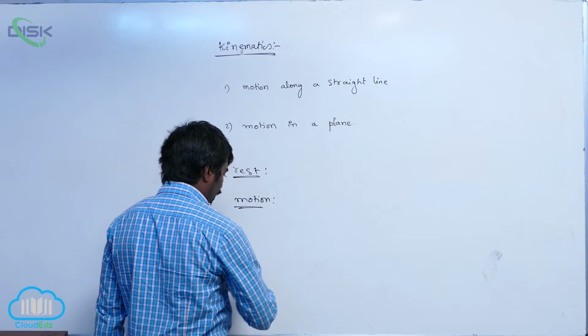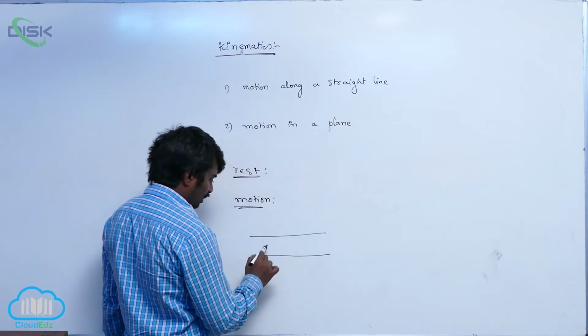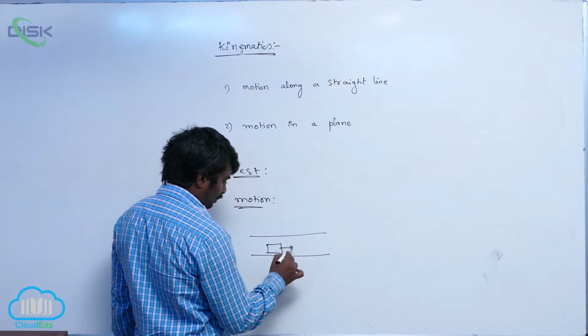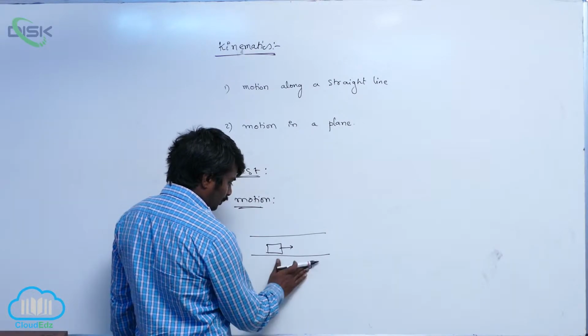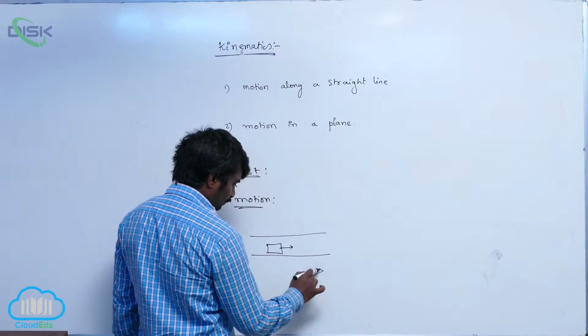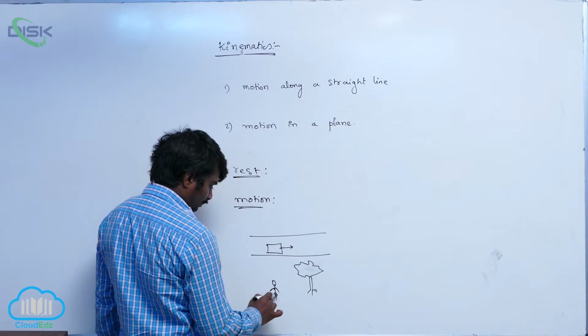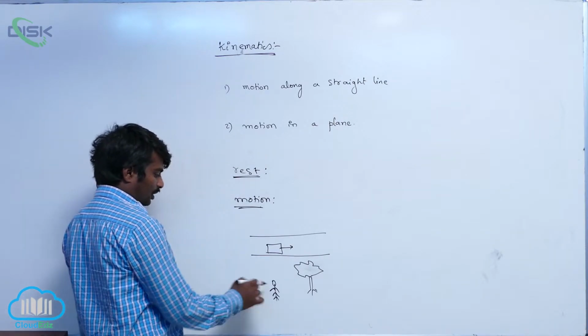See, this is a road. The vehicles are moving on this road. Here is one tree, and here is a person standing by the roadside.